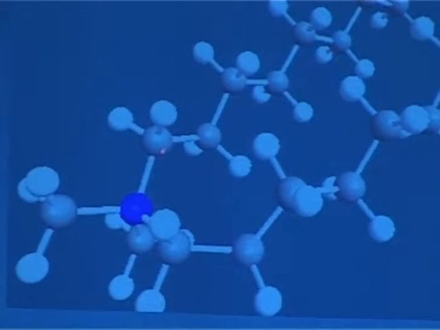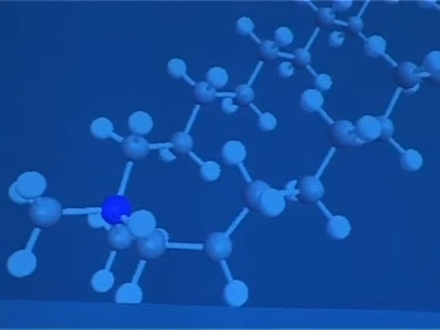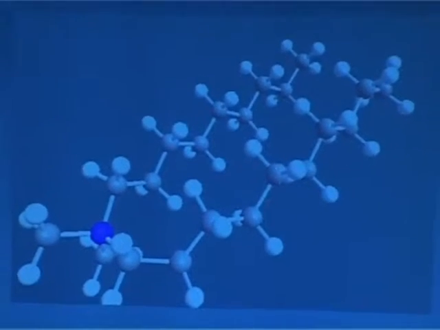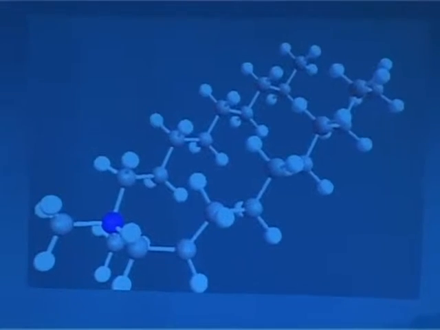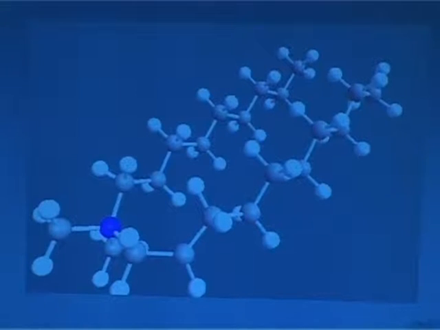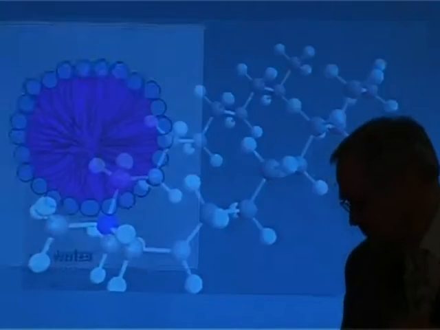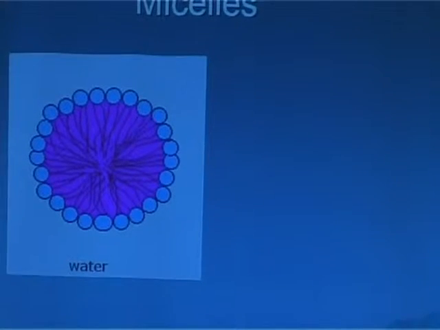You see that shape? It's one of these amphoteric molecules where you've got a combination of non-polar organic character and polar inorganic character. And it's this amphoteric or semi-polar system that gives it its particular properties.